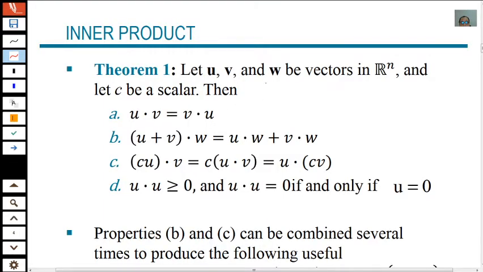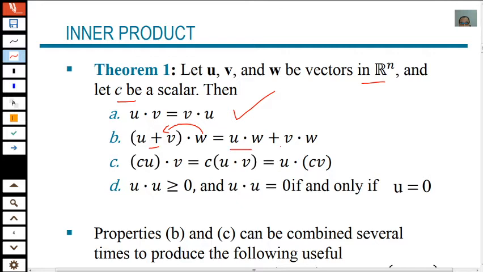So u, v and w are vectors in Rn and c is a scalar, then as we see, we have the commutativity property. We can change the order of the vectors. And we can distribute the vector into the parentheses when we apply inner product over the addition or subtraction.